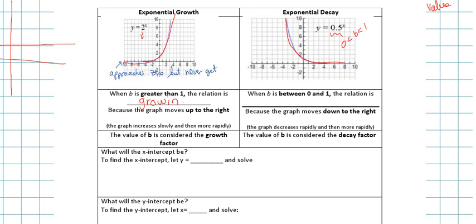When the base is between 0 and 1, then we have a decay. Then the relation is decay, which means the graph moves down to the right, which means as x is increasing, the y value is decreasing.